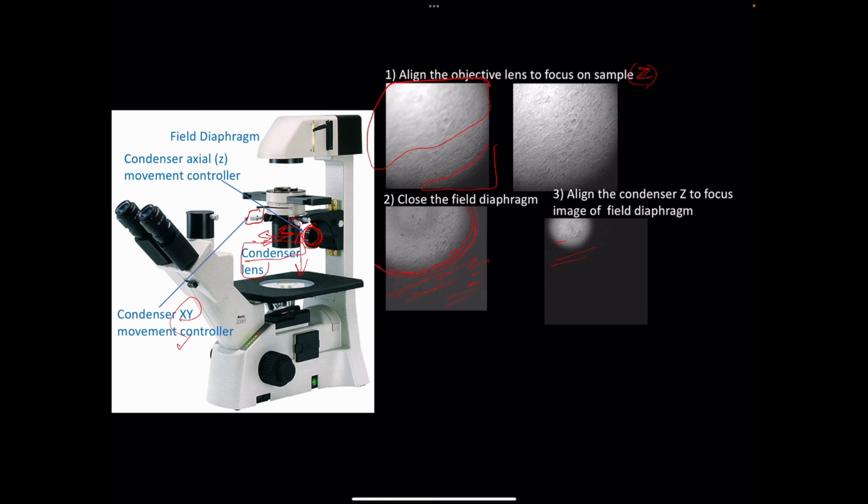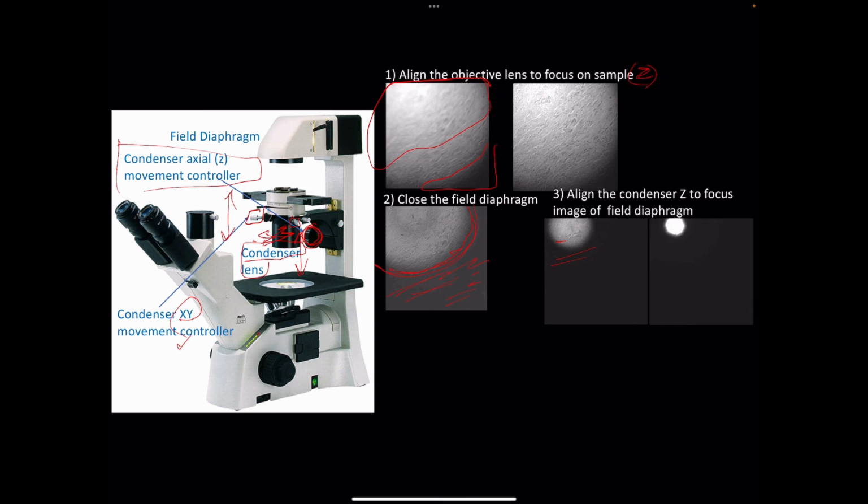First, alignment of the condenser lens will always be along the Z axis or the axial direction, which is this. Now you move your condenser lens in an upward or downward direction to focus your image of the field diaphragm. How will you do that and how will it look? Focusing the field diaphragm sharply using the condenser lens would look something like this.